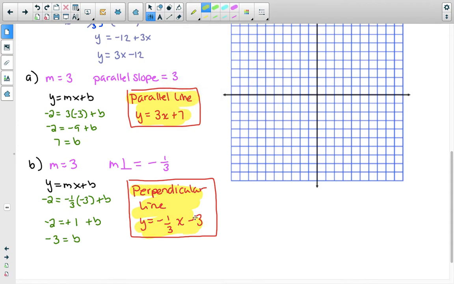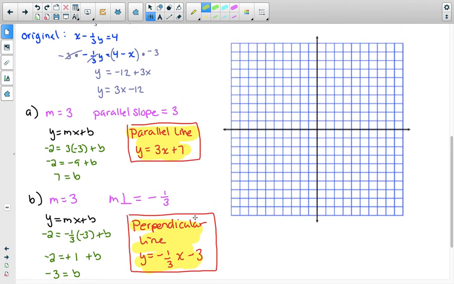We now have all three equations, so we can graph all three on our coordinate plane. We need to have our x and our y, and we can probably count by ones, even though this goes down to negative 12. We can go off the graph just a little bit. So let's graph our original.